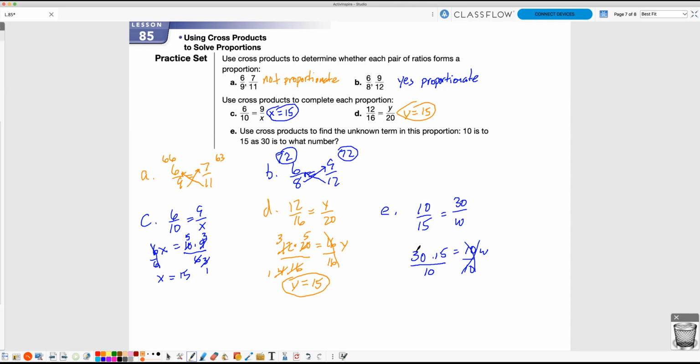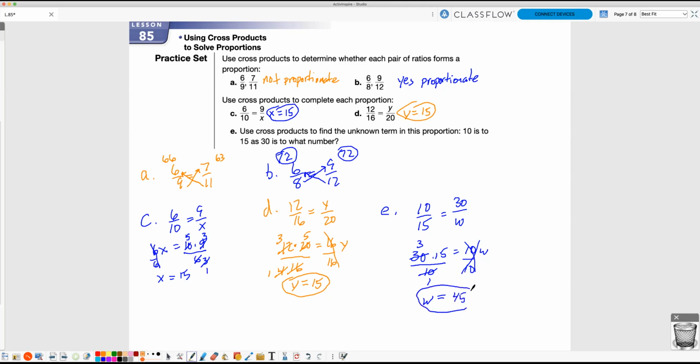So now I see that 30 divided by 10, that's pretty easy. 30 divided by 10 is the same as 3 over 1. And now I just have 3 times 15 here equaling W. So W is going to equal 3 times 10 is 30 and 3 times 5 is 15. 30 plus 15 makes 45.